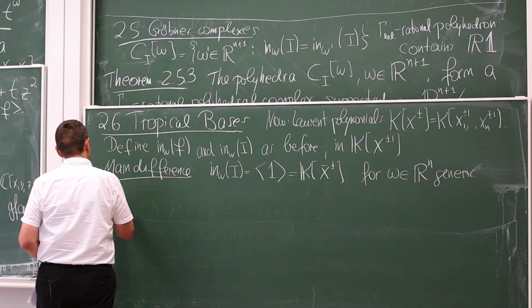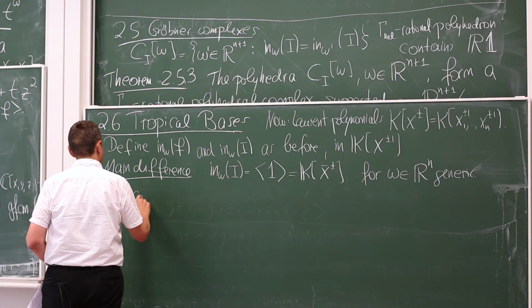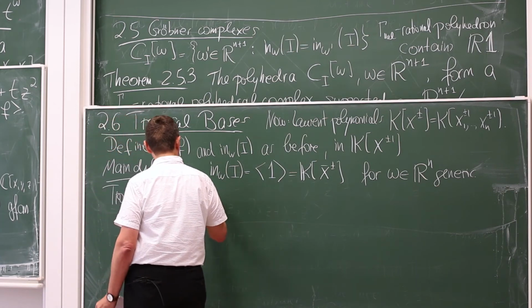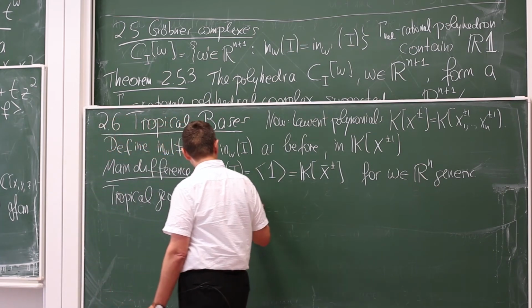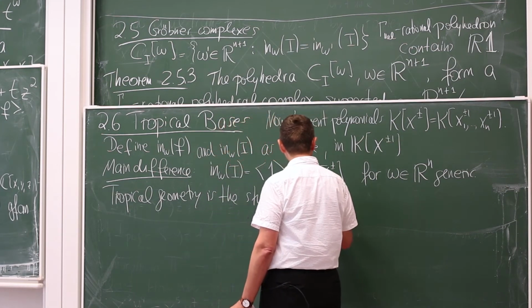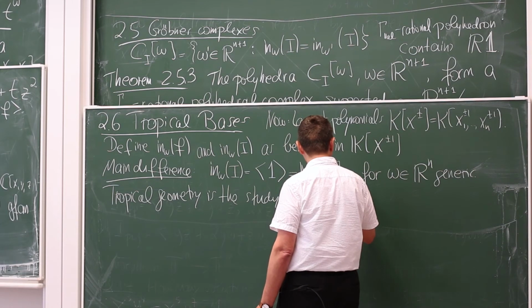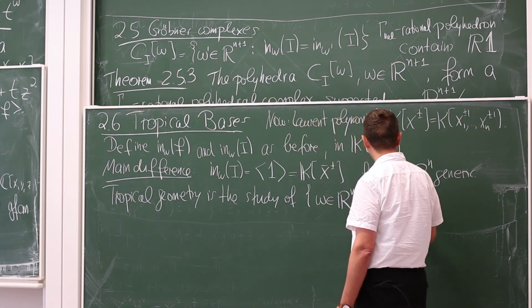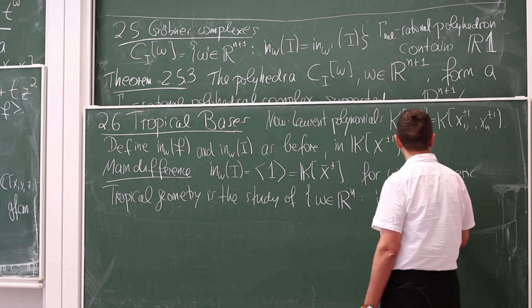So what's tropical geometry then? What's the concern here of tropical geometry? Well, tropical geometry can be thought of as the study of those very, very beautiful special weight vectors W, where this is not the case, where the initial ideal is not the whole ring.